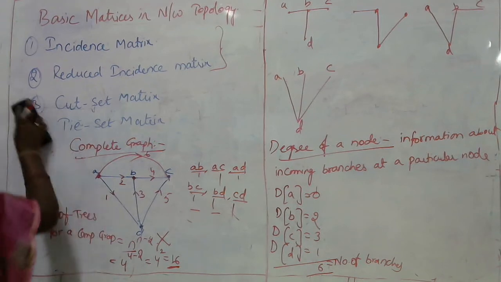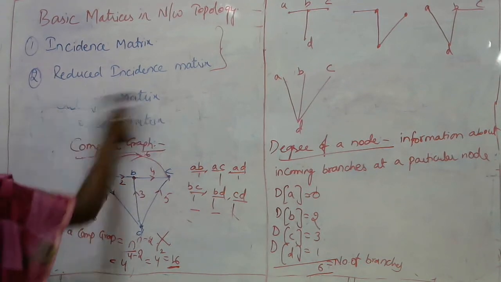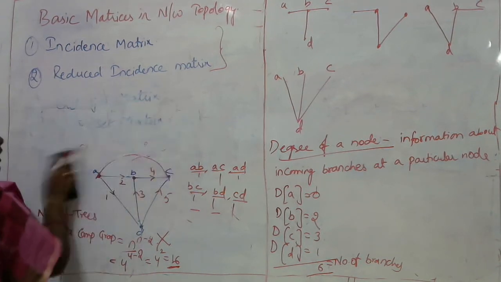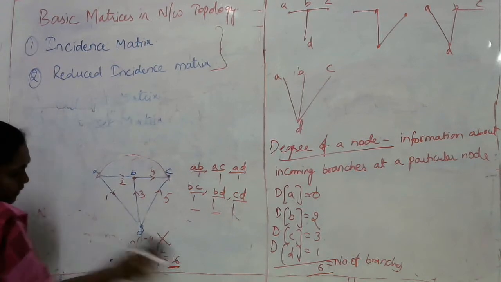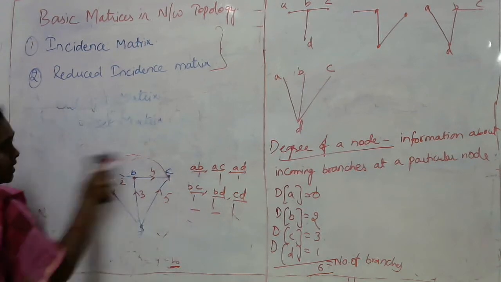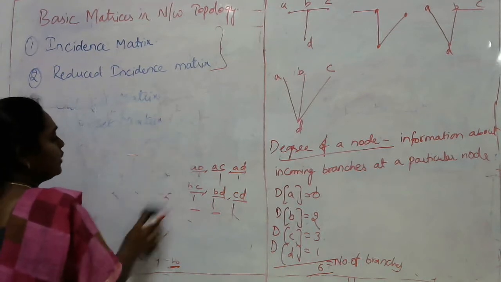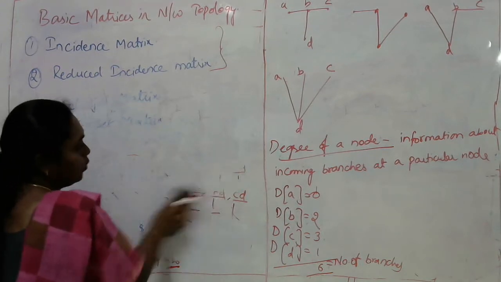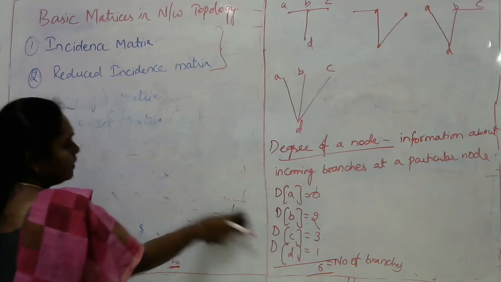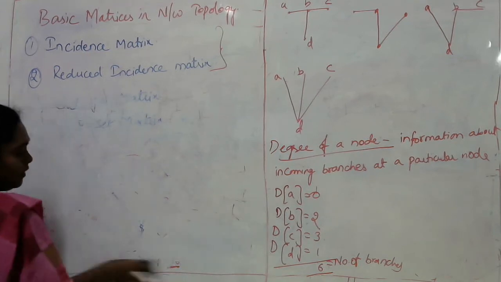So now let us start with the actual topic of incidence matrix and reduced incidence matrix. I am repeating once again, this incidence matrix is basically used to find the number of possible trees in a graph.